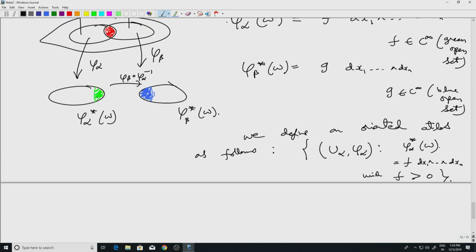So notice that phi alpha inverse, this map, the transition function map, I can use this upper star to pull back this form to this form.